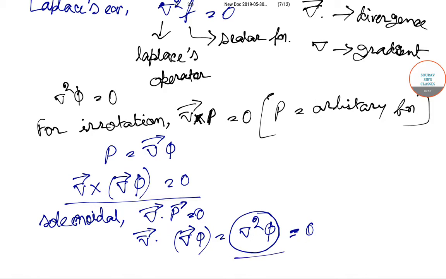So the function phi is solenoidal and irrotational.